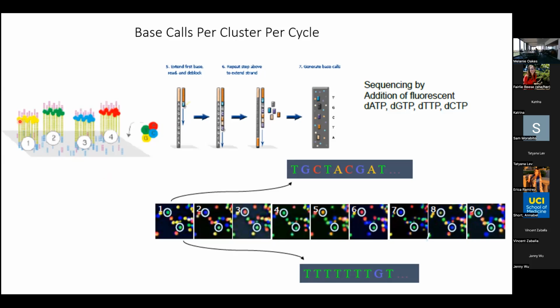So with the cluster over here, and after you've hybridized this read one primer, it's going to add a fluorescent complementary base. And because it's a cluster and it's about 1,000 copies, you've got a fluorescent signal that you can actually see.